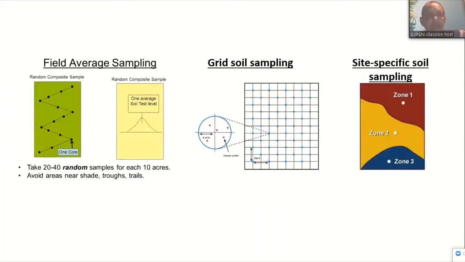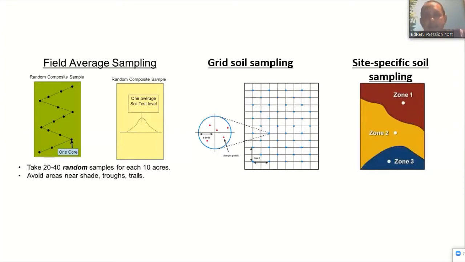I'm showing these sampling techniques here in the field. For example, for field average sampling, on the left side you can see a zigzag pattern, and 20 to 40 random samples should be taken from 10 acres of land.